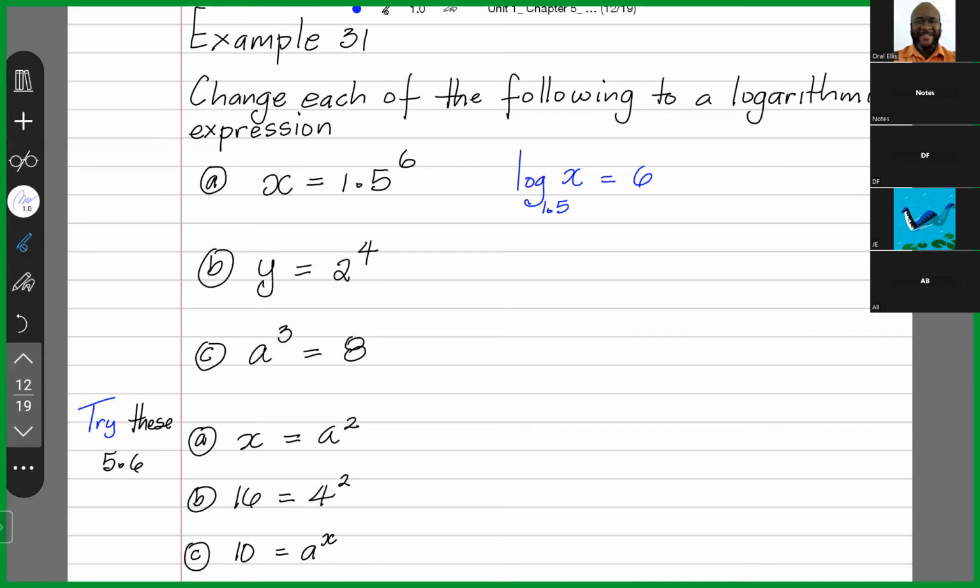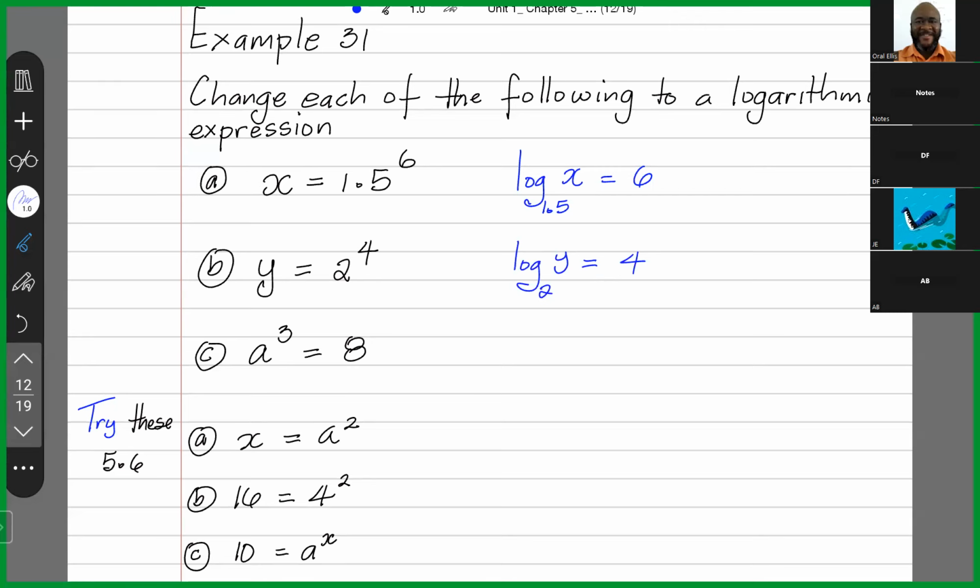At b, the number y is equal to the base 2 raised to the power of 4. In log form, it's the logarithm of the number y to the base 2 is equal to the power, which is 4.